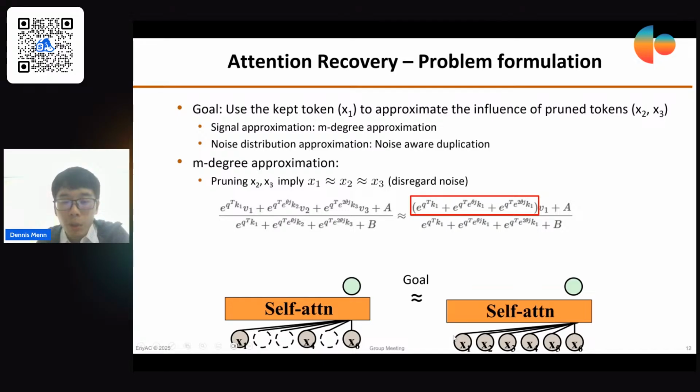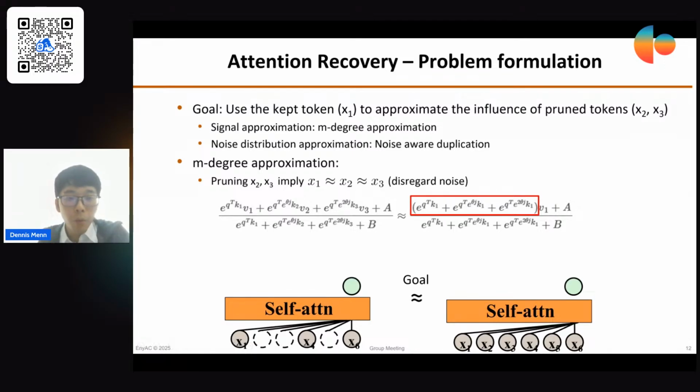In this case, we only demonstrate the influence of x1, x2, and x3. And if you consider the effect of RoPE and softmax, you can expand the formula into this term, with K1 corresponding to X1, K2 corresponding to X2, K3 corresponding to X3.